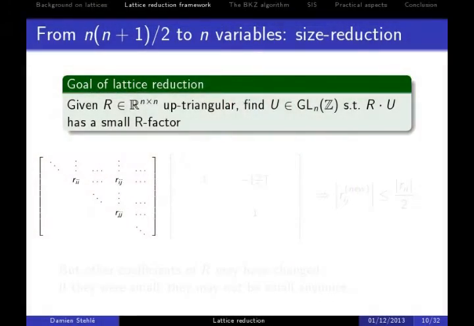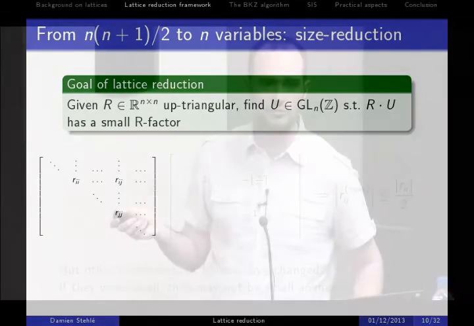Given R upper triangular, I want to find a U such that RU is small, or RU has a small R factor. So the R factor is the R prime of RU equal Q prime R prime, because when I apply U, I may change the needed orthogonal transformation Q. So I want to find U such that RU has a small R factor.